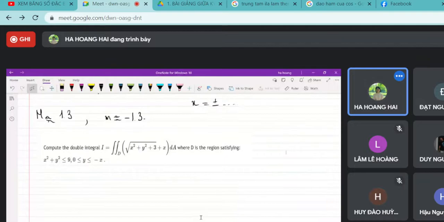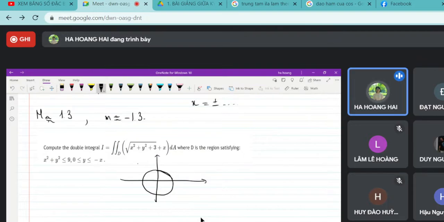Okay, so to answer this question, let's get the graph. We have the regions. This is inside the circle. We take the part satisfying y greater than 0 and y less than minus x.